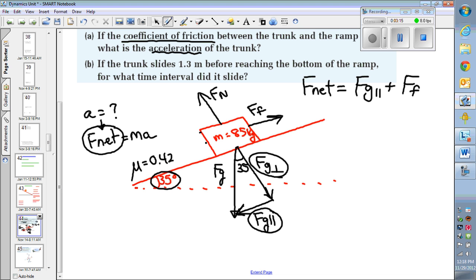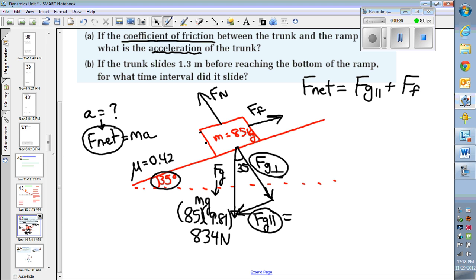So FG parallel is a component of gravity in our triangle. So we need to take our gravity, FG, this is mass times gravity, so that's 85 kilograms times 9.81 meters per second squared, and that comes out to 834 newtons.